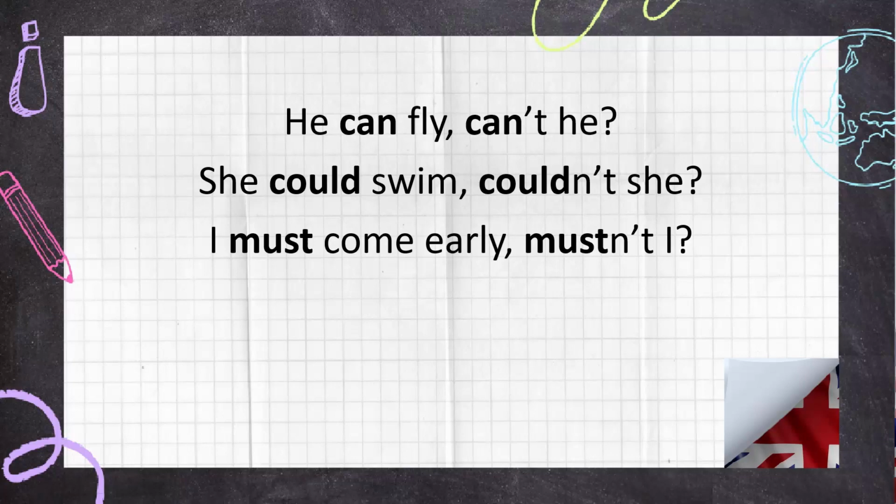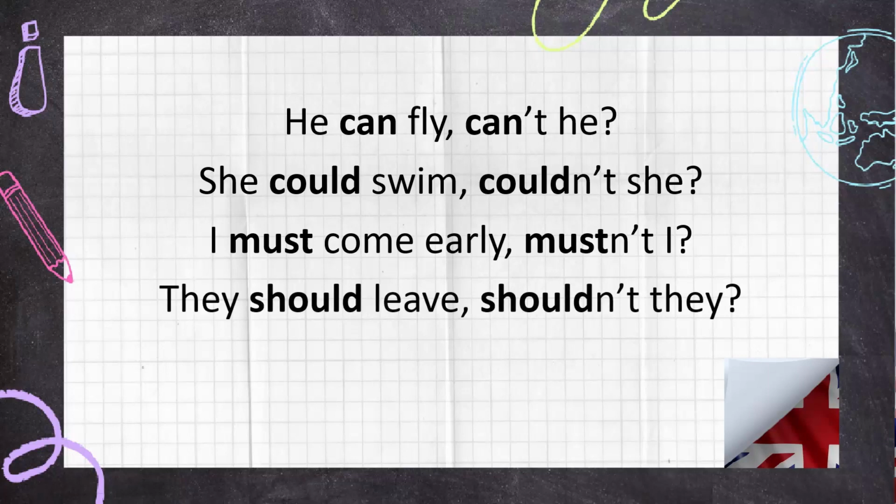They should leave, shouldn't they? So you notice that in every example, the auxiliary verb used in the statement is the same as the auxiliary verb used in the question tag, and so is the subject.